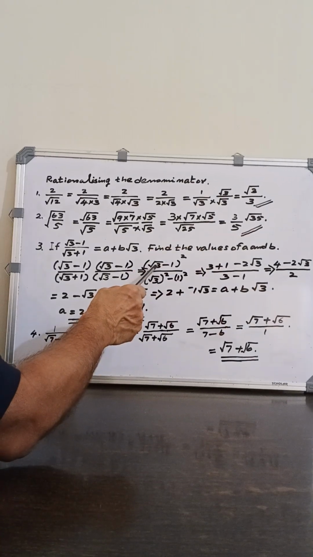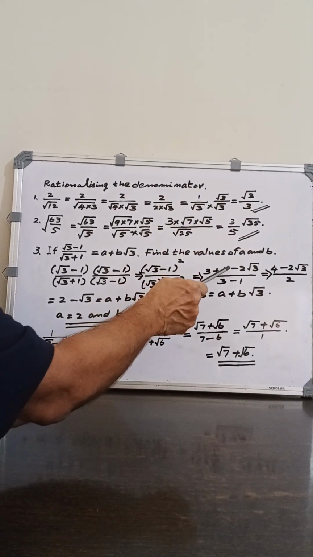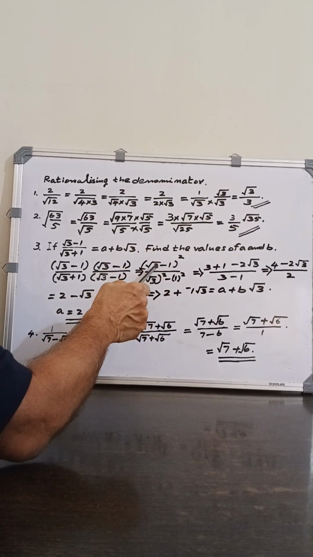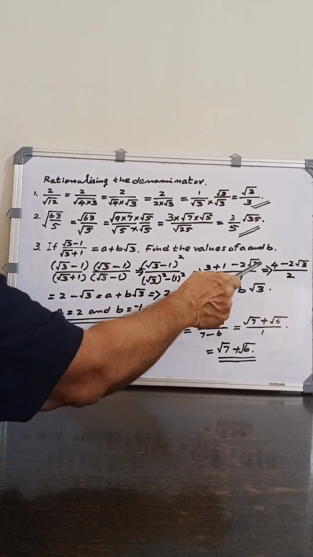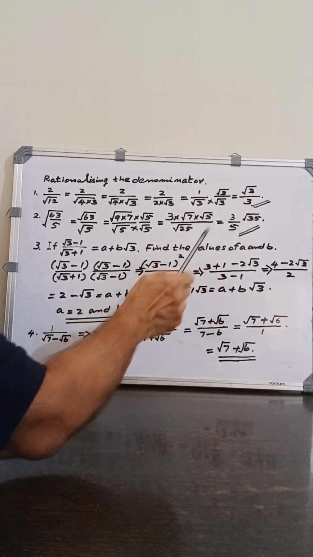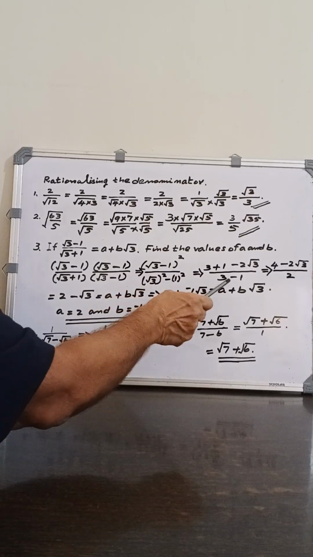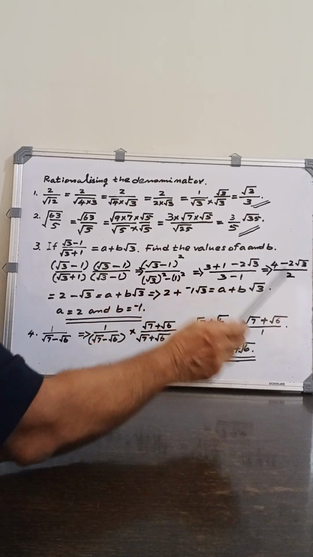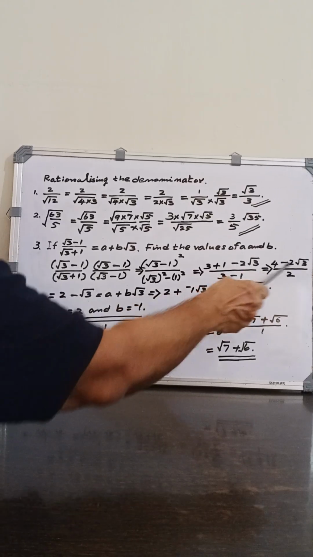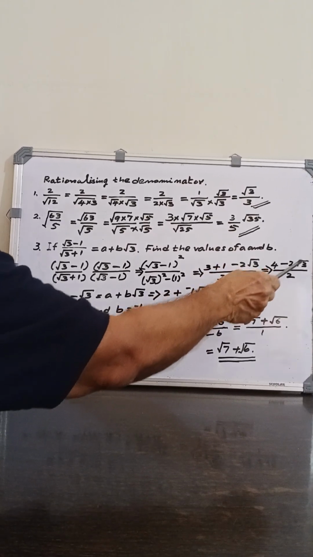That is root 3 squared is 3, plus 1 squared is 1, minus 2 root 3 into 1, minus 2 root 3. Root 3 squared is 3 and 1 squared is 1. That is 3 plus 1, 4 minus 2 root 3, by 3 minus 1, which is 2. So 4 minus 2 root 3 by 2.